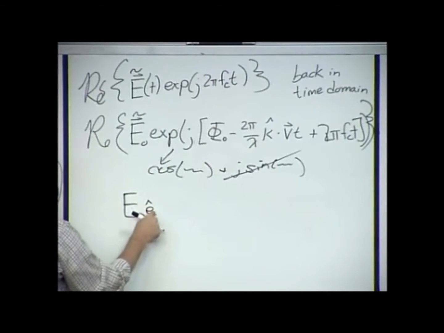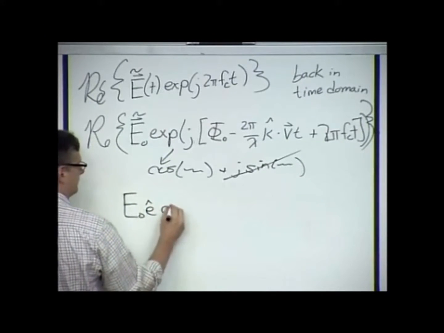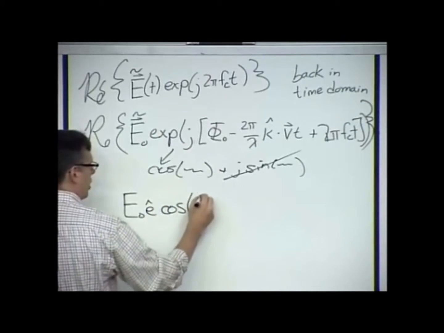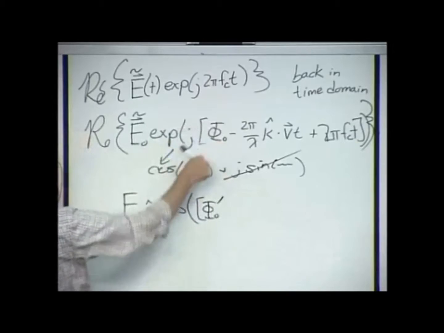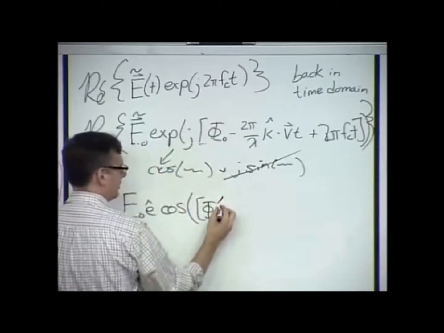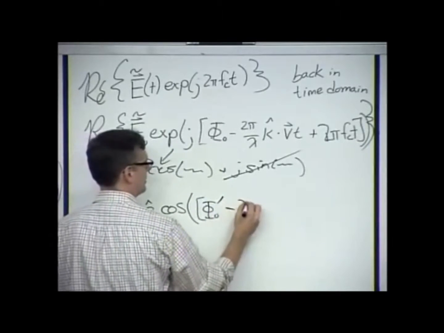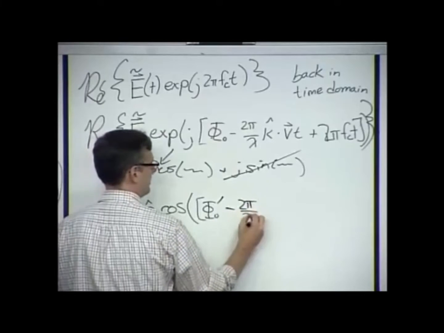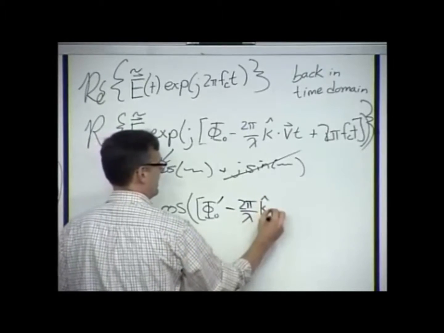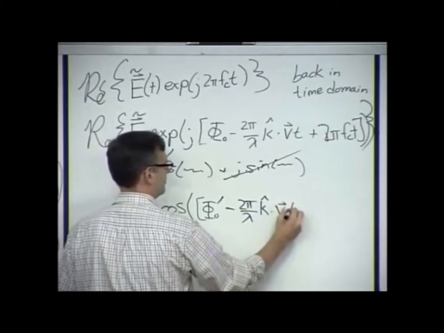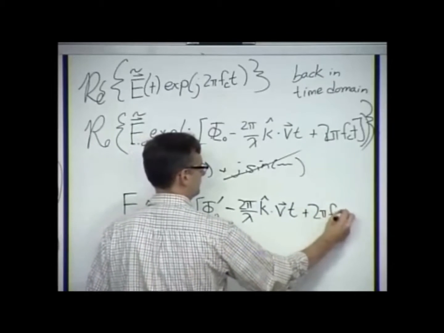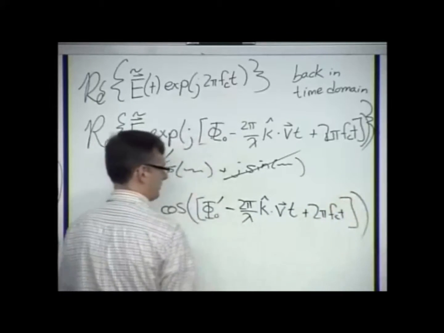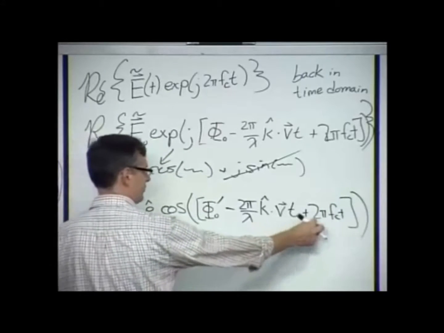A field strength, a polarization vector, some arbitrary phase, φ0 or φ0 prime, if I want to put the phase of here into here, minus (2π/λ) k̂·v there. And I can even factor t out of here.